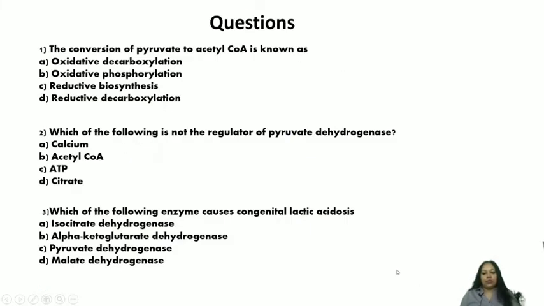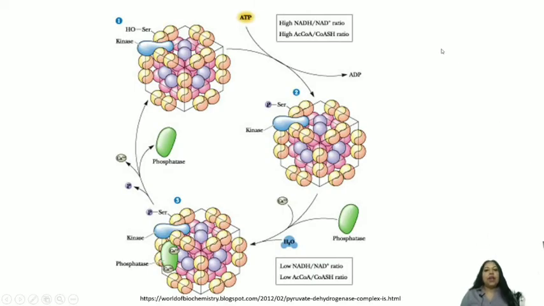Now, coming to the very beautiful picture representation of this complex, showing the kinase acting on a serine OH group, and the serine which is phosphorylated by the kinase, which is shown in step 2 right here. It is the point where phosphatase comes and causes hydrolysis of this phosphate to again convert the enzyme into its inactive form, or the kinase form.